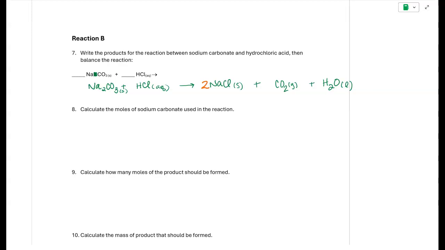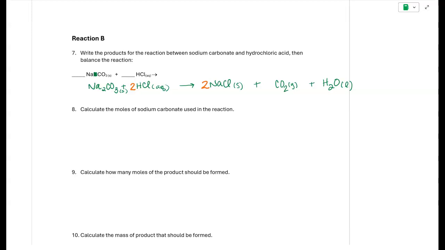And now I see that I have 2 NaCl, so then I'm going to come over here and look at this, and I'm going to put a 2 here. All right, so now my sodiums and my chlorides are balanced, and my oxygens are balanced. I've still got 3 oxygens here, and 2, 3. And then I have 2 hydrogens, and I have these 2 hydrogens here, and then I have the 1 carbon. And so now we're balanced.